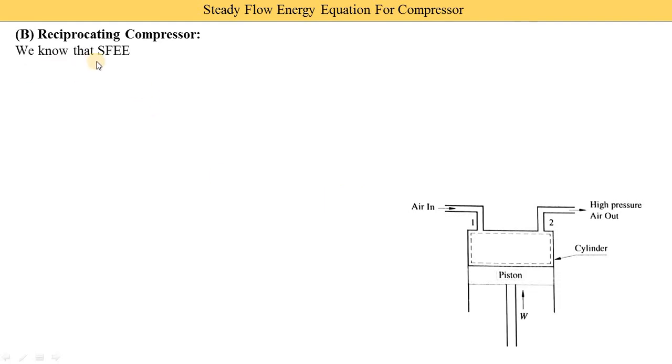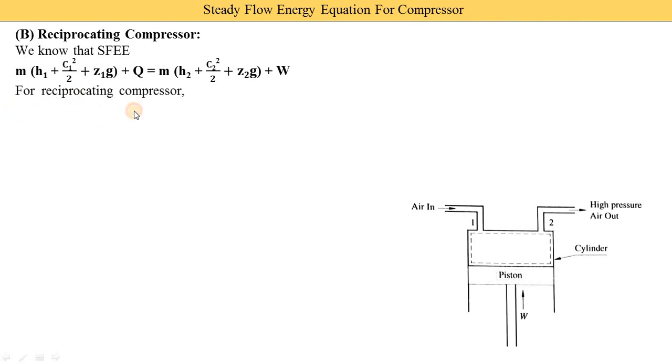So we know the steady flow energy equation, that is m(H1 plus C1 square by 2 plus Z1g) plus Q equal to m(H2 plus C2 square by 2 plus Z2g) plus work done.